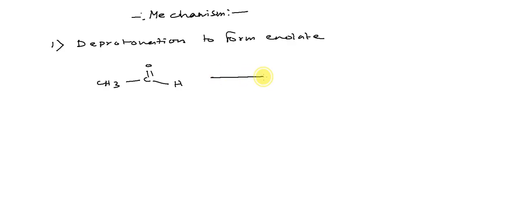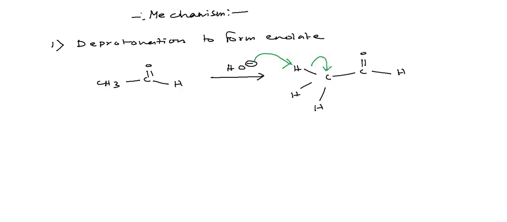Now whenever you are giving this OH minus, this OH minus first will take up one of the protons from here. It will capture one of the protons and there will be an anion. Now this will form H, H, CH2 minus and C double bond OH.